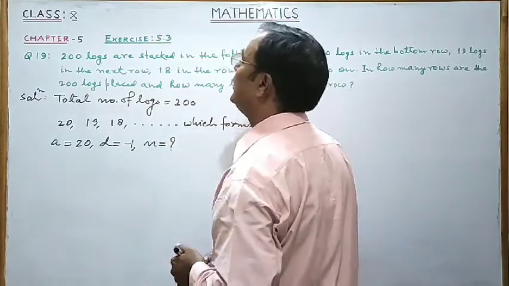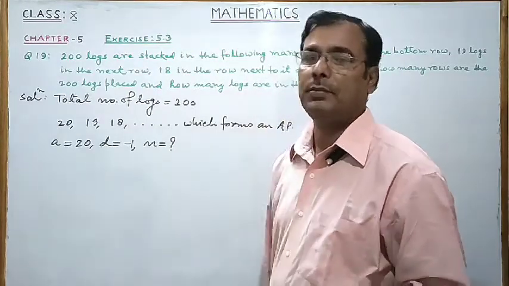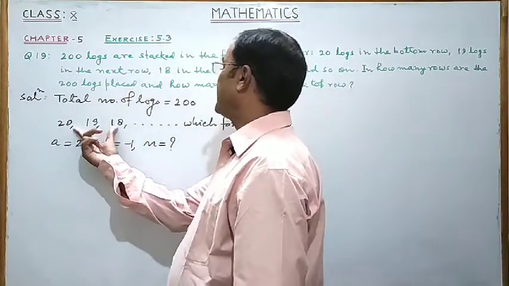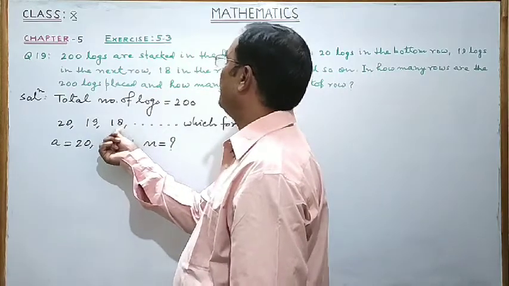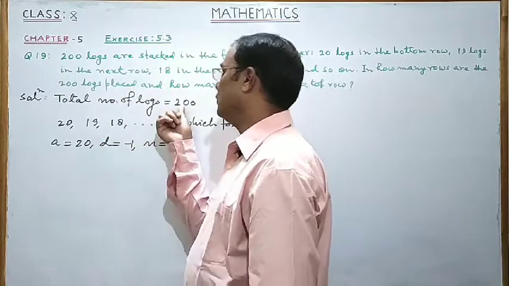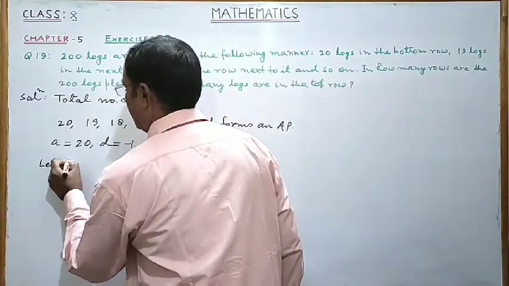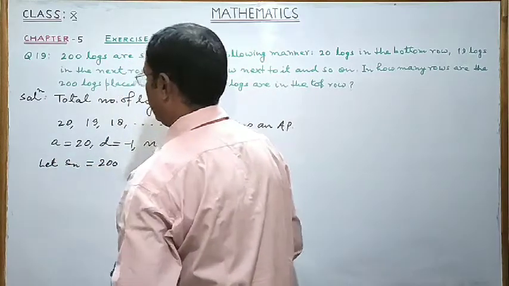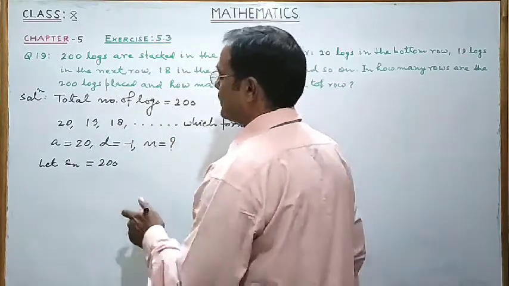Let us assume that 200 logs are stacked in n number of rows. So the sum of first n terms of this AP is equal to 200. So let Sn be equal to 200, the sum of first n terms of this AP.